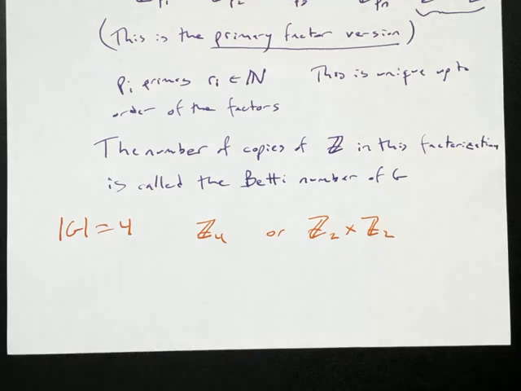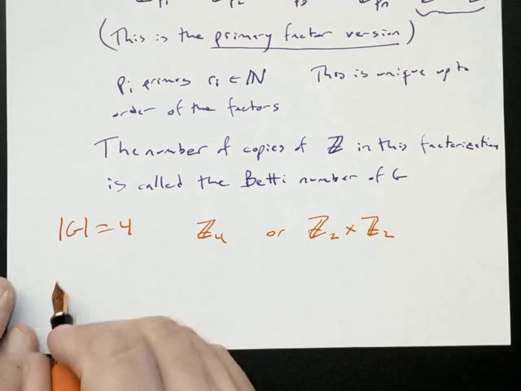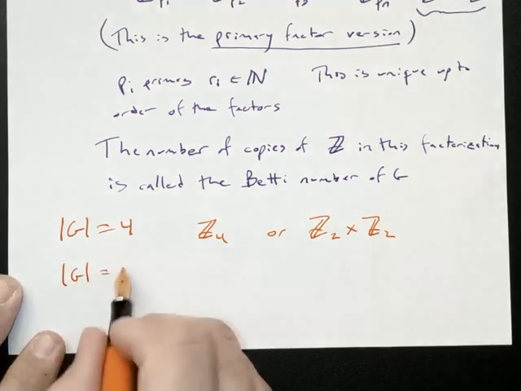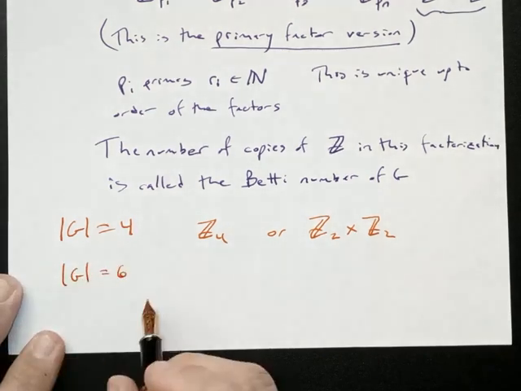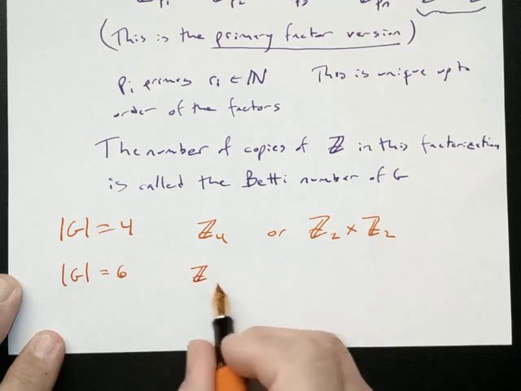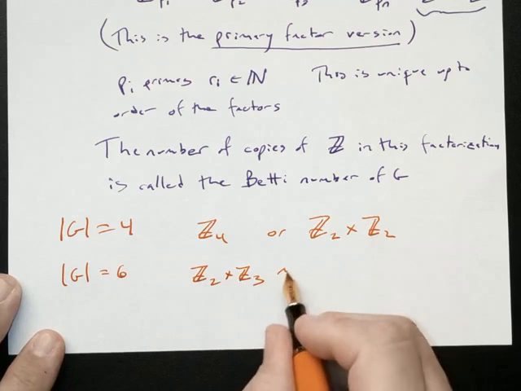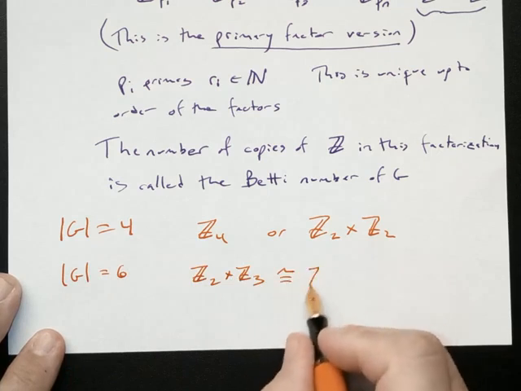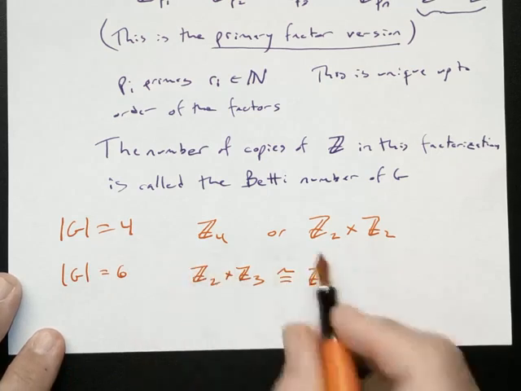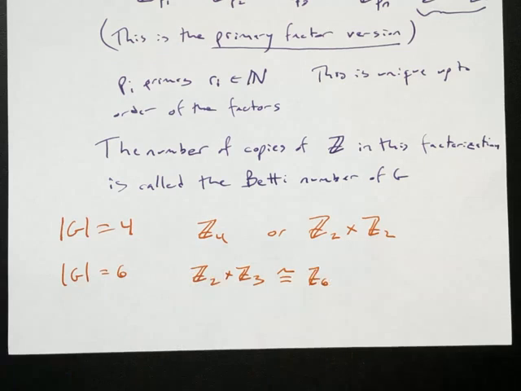Another number, 6. Well, then there's only one option, right? If my group is of order 6, 6 is 2 times 3. So the only possible way to do this is like this. And that turns out to be isomorphic to Z6. But we know those are not isomorphic. They're only isomorphic when it's relatively prime.